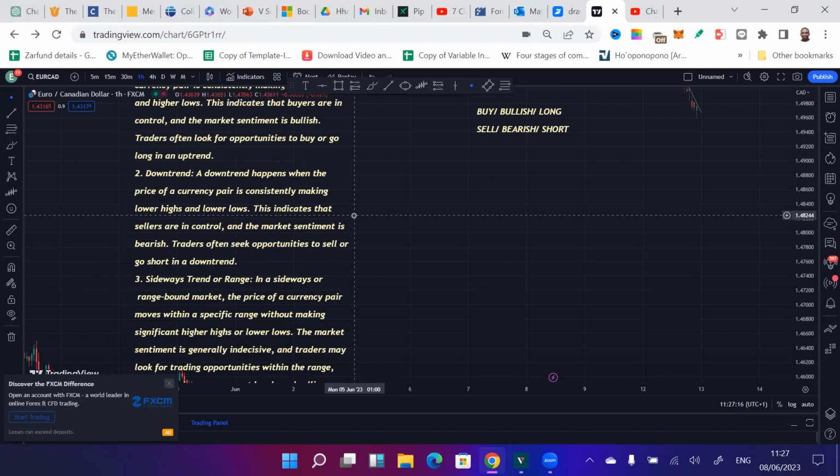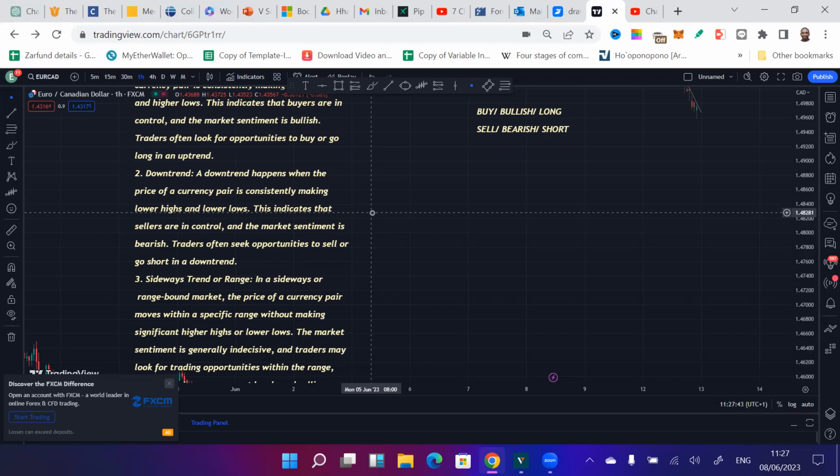I will explain that in a bit, so we get it. This indicates that sellers are in control. And when sellers are in control, the market sentiment is bearish, and bearish means sell. Traders often seek opportunities to sell or go short in a downtrend.